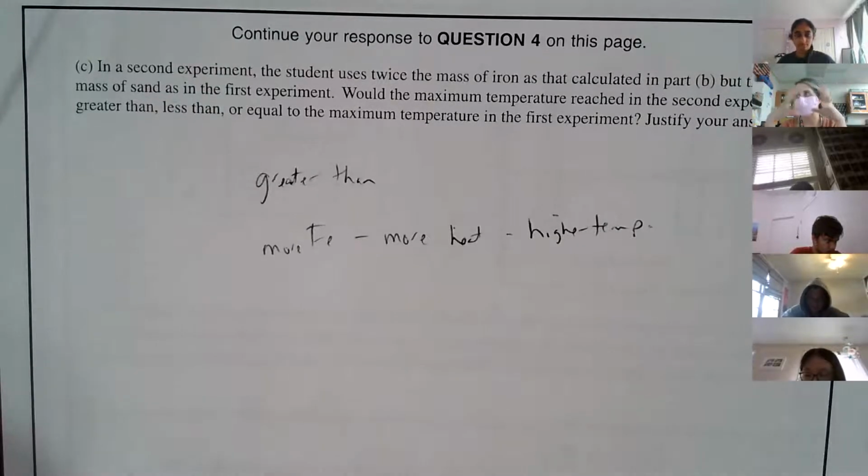So you're going to have as much oxygen as you possibly could need, so iron would be your limiting reactant. The sand is just to have the experiment take place. I don't believe the sand has anything to do with it. So if I use more of the reactants, I will get more heat on the other side, and therefore a higher temperature.